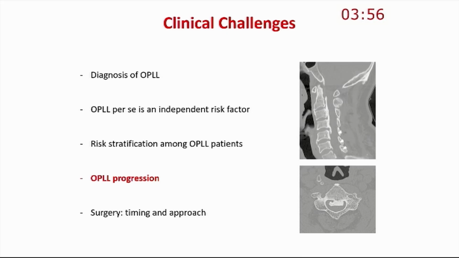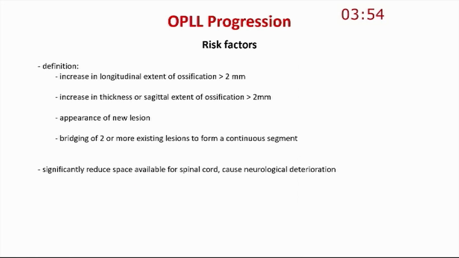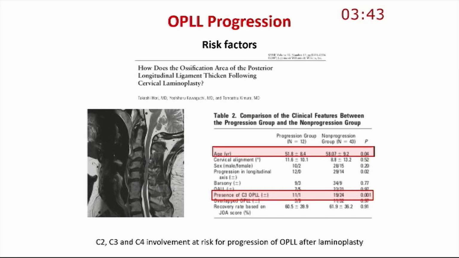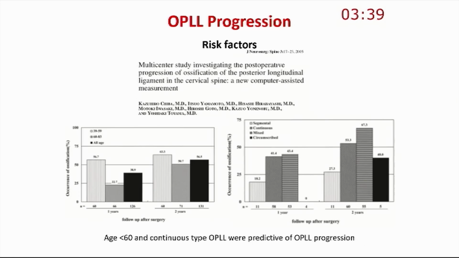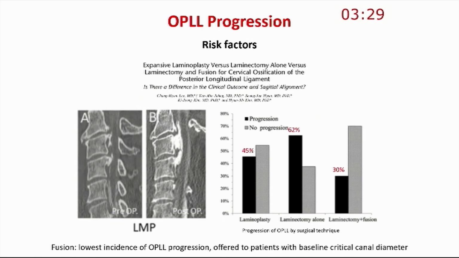OPLL progression, it's a problem. It's defined as an increase in longitudinal extent of ossification of more than 2 millimeters. You have the criteria here. This means most of the patients' neurological deterioration. If we have OPLL C2, C3, C4, there is a risk of progression. Age less than 60 and continuous type also predict OPLL progression, which is dramatic because these are younger patients with higher life expectancy.